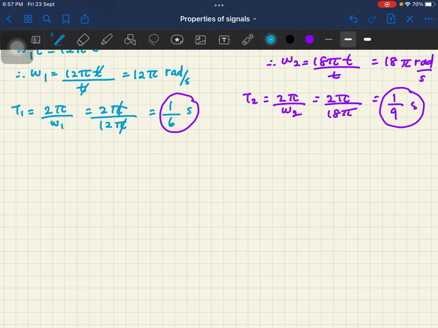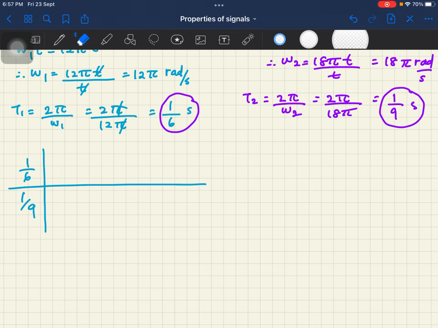If you remember from our lecture and your handout, when we have non-integer numbers like this, the first thing to do is multiply these two numbers by a common number so that they become integers.